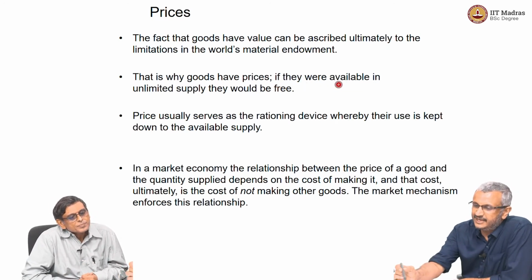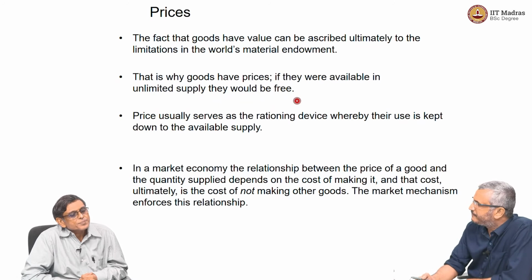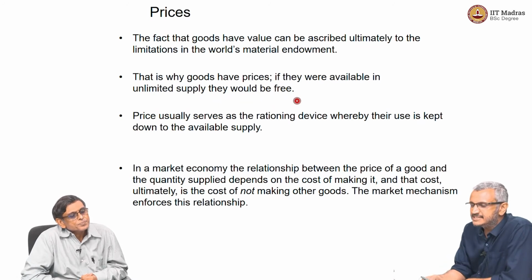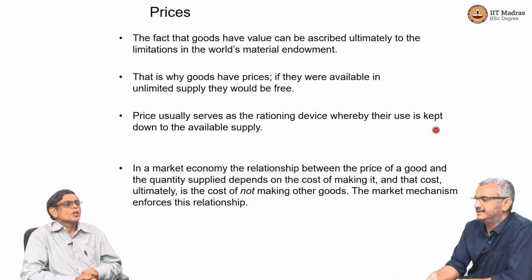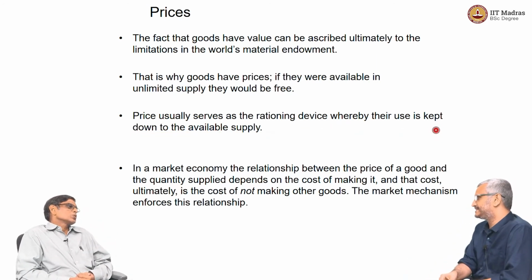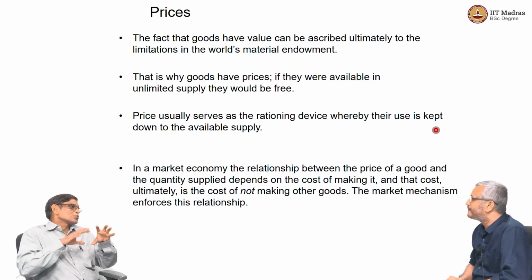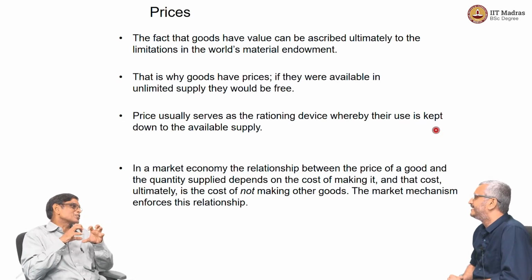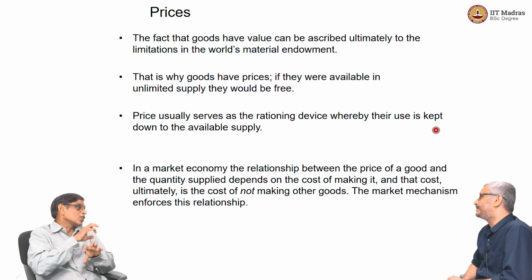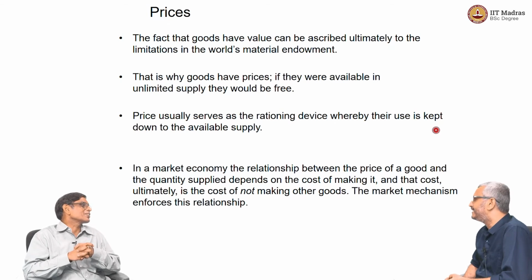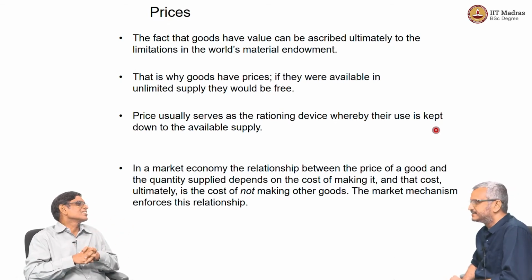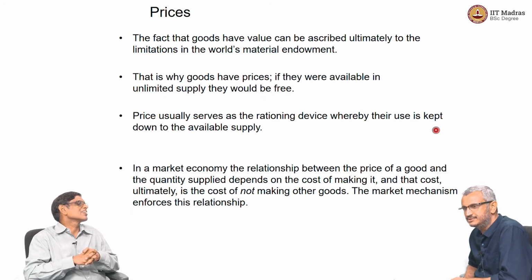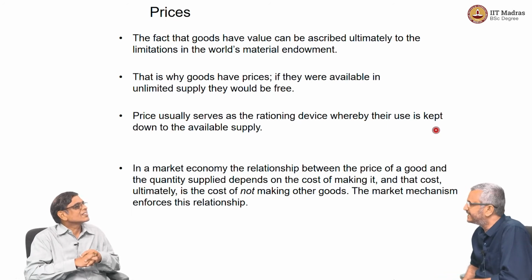If goods were available in unlimited supply, they would be free. So prices are used as an allocation device. It's a way of rationing. Price has a very central role to play in allocating resources the correct way, by shifting it in terms of prices. That is why we talk about getting prices right.